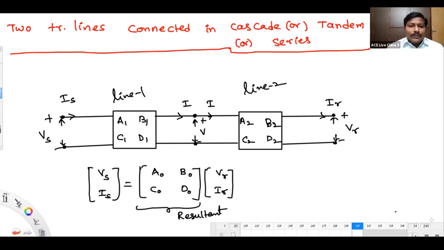Okay, listen please. To get this resultant ABCD, I'll take line 1 ABCD and then line 2 ABCD. Just observe what I'm saying.